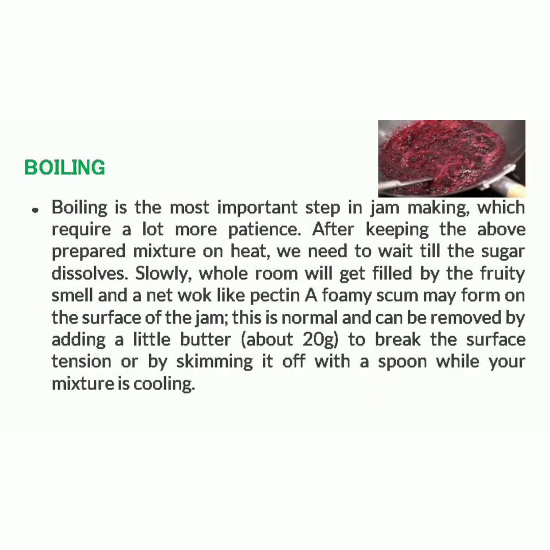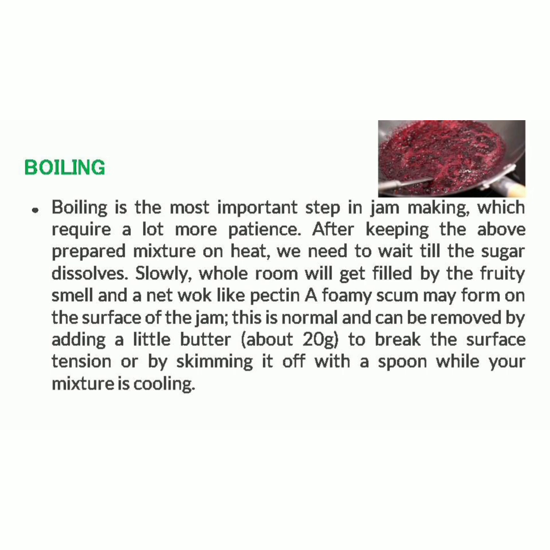Next, boiling of the fruit pulp. Boiling is the most important step in jam making, which requires a lot of patience. After keeping the prepared mixture on heat, we need to wait till the sugar dissolves.